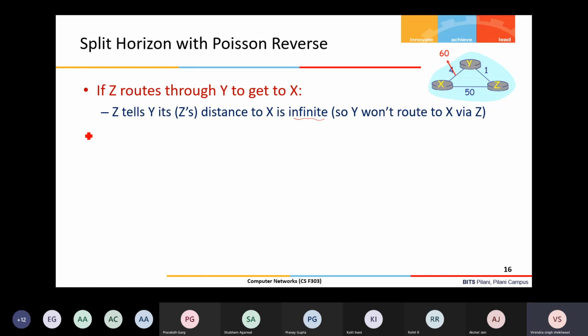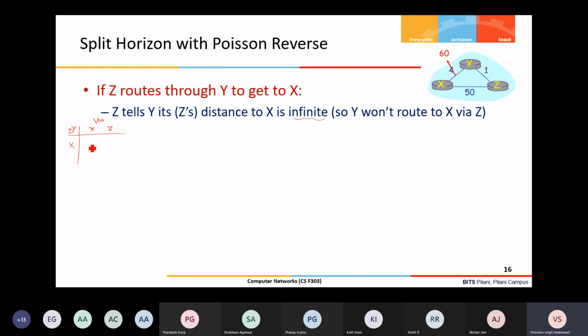We will see what the situation was before the link cost changed from 4 to 60. Y's table looks like this, using the same example.